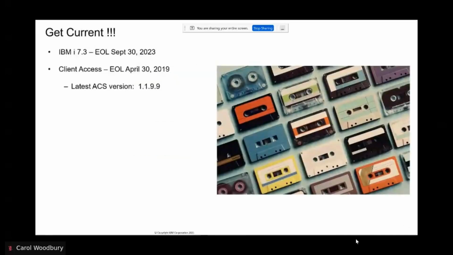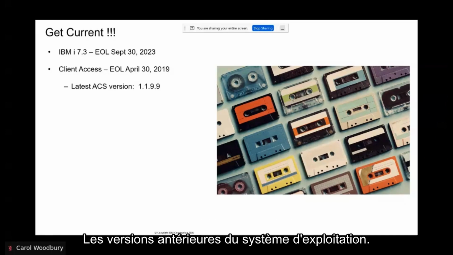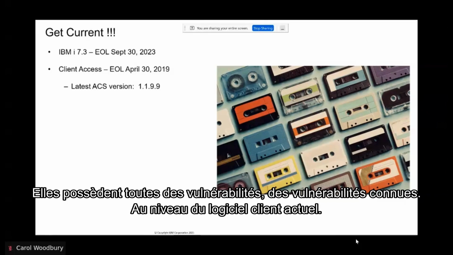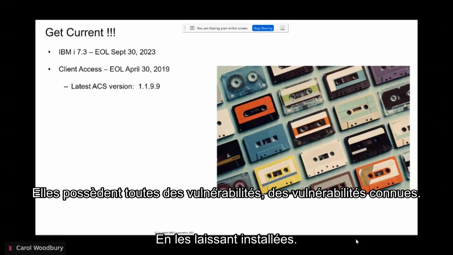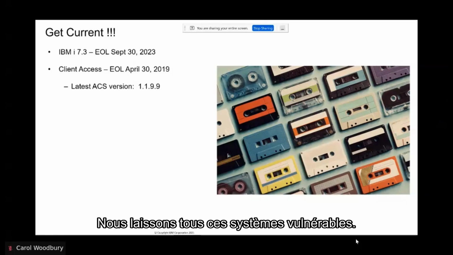All right, so again, we have a responsibility. We need to be current. Past releases of the operating system, past releases of old Client Access, past releases of even ACS, the current client software, have known vulnerabilities. By leaving those installed, we all are leaving those systems vulnerable.